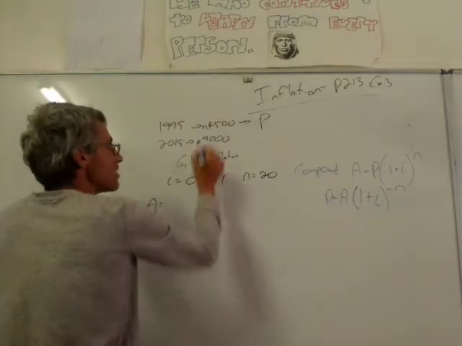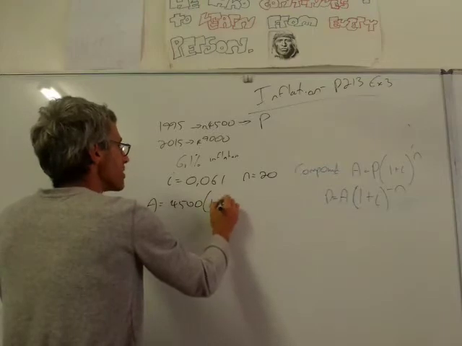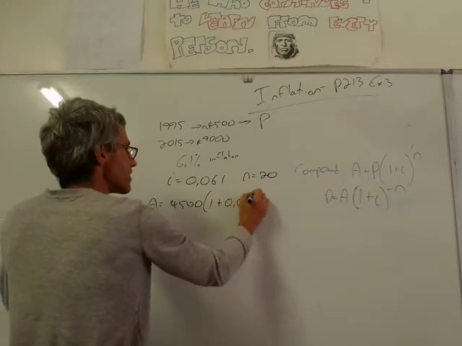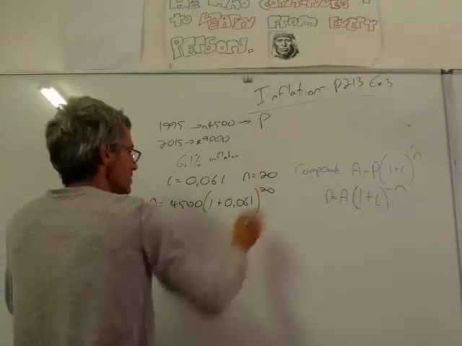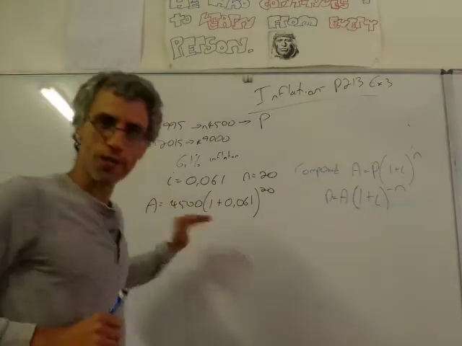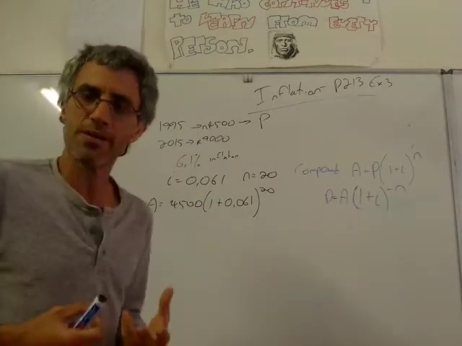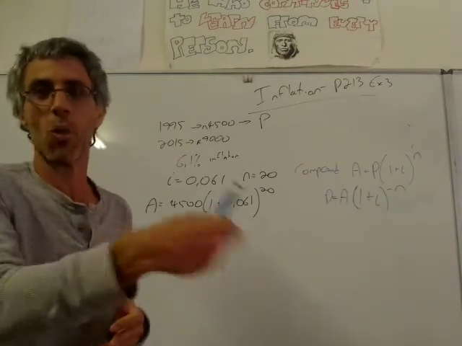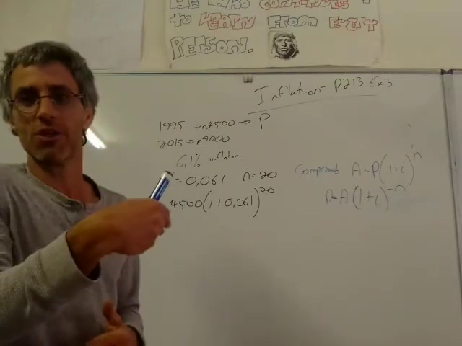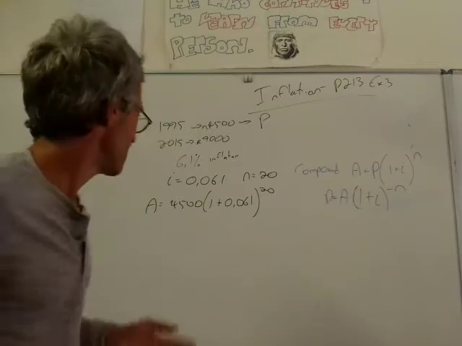So A equals P, I'm using compound interest. 4,500, 1 plus 0.061 to the power of 20. Okay? What did I really do here? I took the wage I got in 1995 and I said, look, the companies always increase, or they should increase, the wages of the workers by a certain amount because of inflation, otherwise their workers won't be able to buy the product.